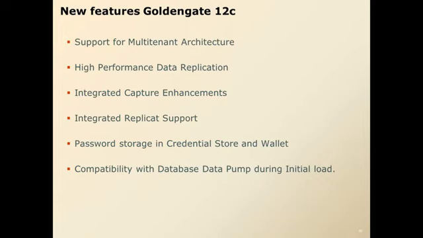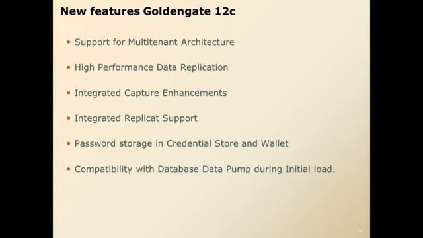So the new features of 12c include support for multi-tenant architecture. Prior to 12c, till 11g, 12c is an extension of 11g with the introduction of some new features. The new features are like support for multi-tenant architecture. So with 12c, GoldenGate has introduced multi-tenant architecture. Oracle has introduced multi-tenant architecture at the database level, so GoldenGate now supports it.